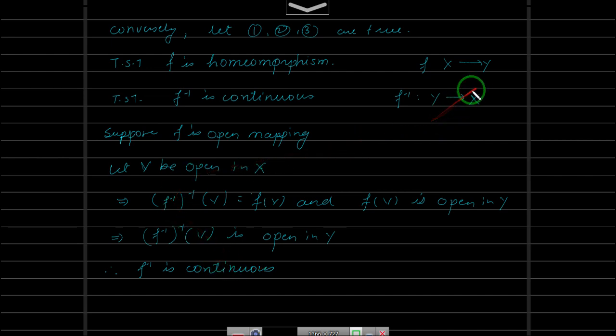Because we have taken an open set in X, and we proved that its inverse image is open in our domain Y. So f inverse is continuous, and hence f is a homeomorphism.